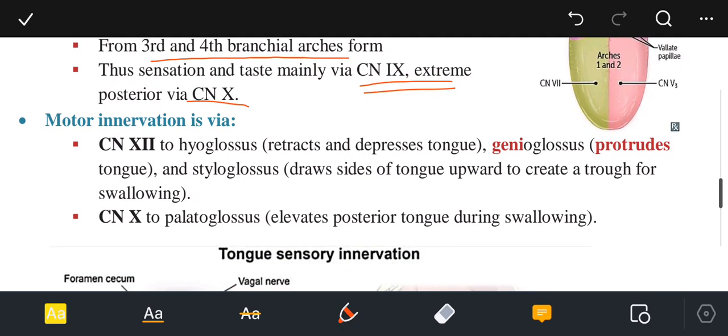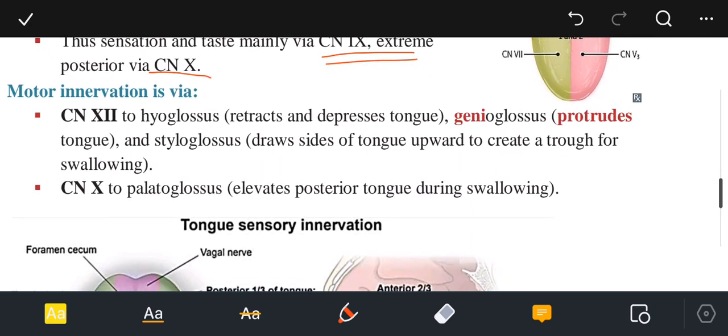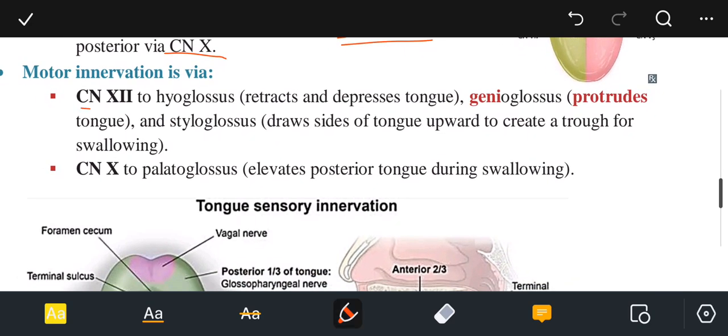Motor innervation is via CN12, the hypoglossal nerve, which is the main motor nerve of the tongue. It innervates the hyoglossus muscle, which retracts and depresses the tongue. The genioglossus muscle protrudes the tongue. Genie protrudes, why so?